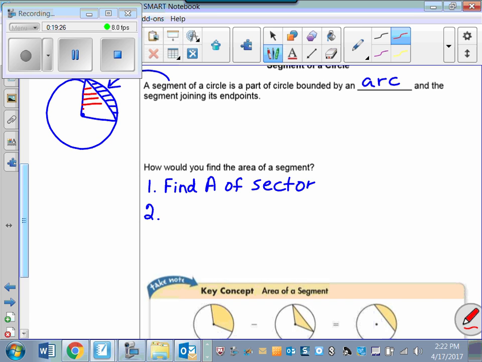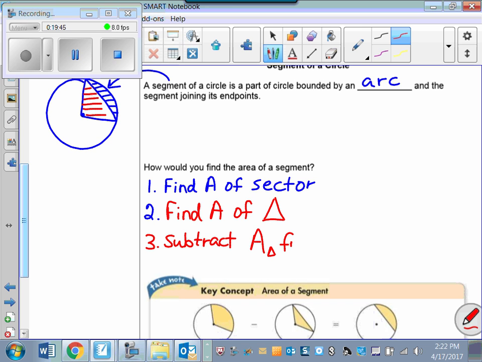Here's our triangle. And then 3, you would subtract the area of the triangle from the area of the sector. Okay?